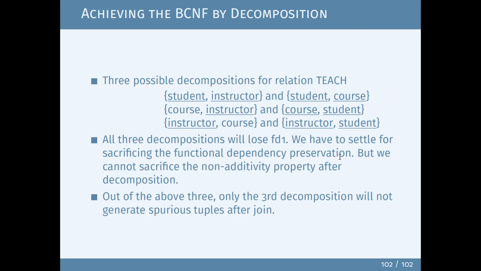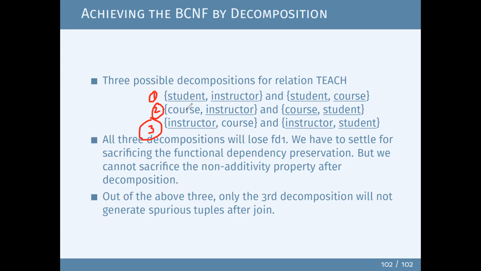First, we can have student instructor and student course. Both will create the primary key, and here it will be student course. The second one, you can have course instructor and course student. The third one, we have instructor course and instructor student.